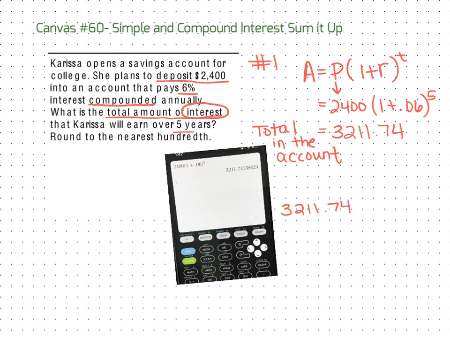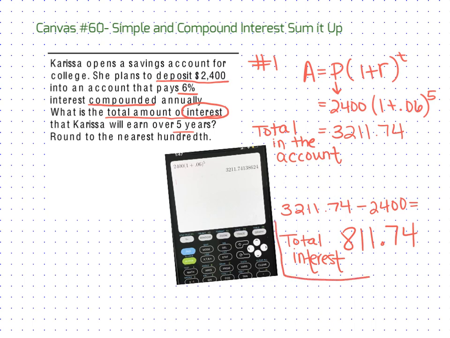I also know that I started with $2,400, and when I do this subtraction, it tells me how much interest was added to the account, which is $811.74 worth of interest.